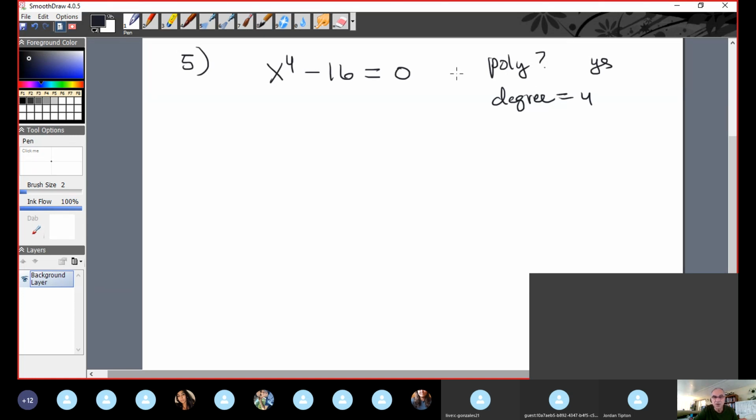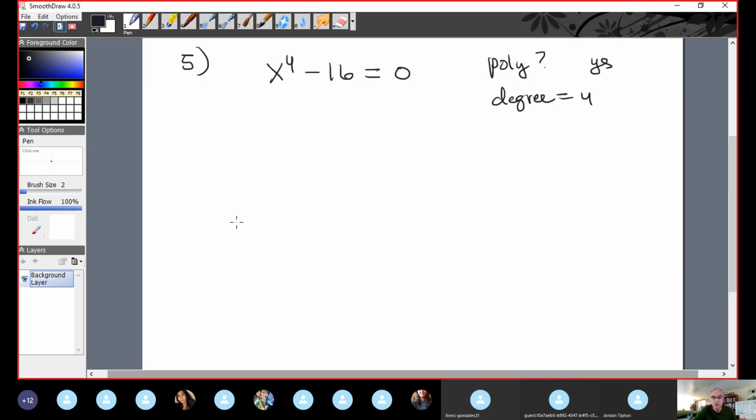It's a binomial. I know the formulas for the binomial expression. It's a difference of squares, a difference of cubes, or a sum of cubes. It's not cubic because the exponent is 4, and 4 is an even number. Therefore, it's obviously a difference of squares.